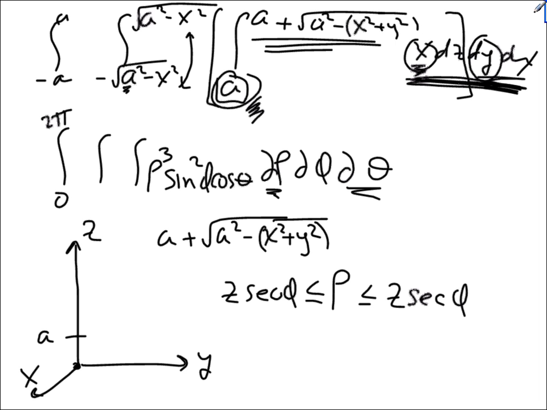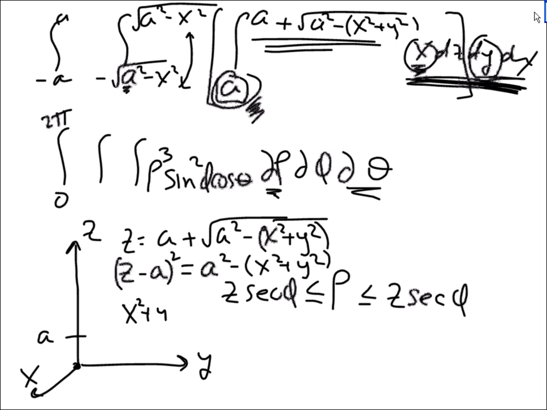Let's just forget the A for a moment. So that's what z equals. Let's solve this. So z minus A is equal to this square root stuff. If I square it, z minus A squared equals A squared minus x squared plus y squared. If I bring the x squared plus y squared to the other side, we get x squared plus y squared plus z minus A squared is equal to A squared. What makes this 0? 0.